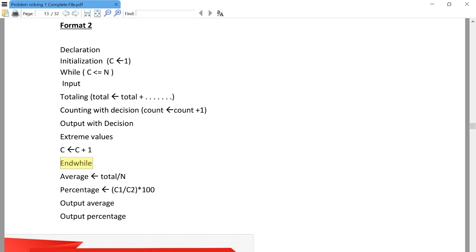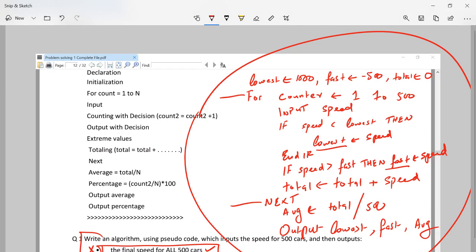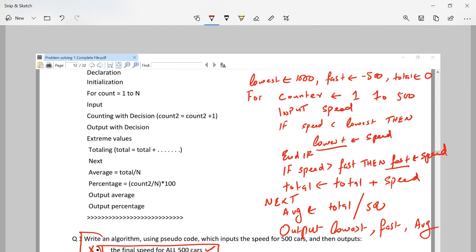You can see that by default in initialization we have to do one extra thing, and just before end while we have to do another extra thing. So for example, if I'm solving this question here and I want to change it using format 2, the rest of the things will be in their place, only this will be changed, this will be changed.